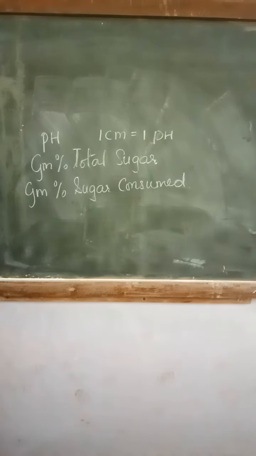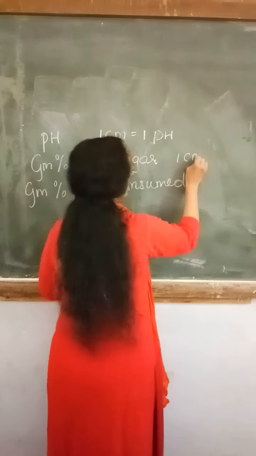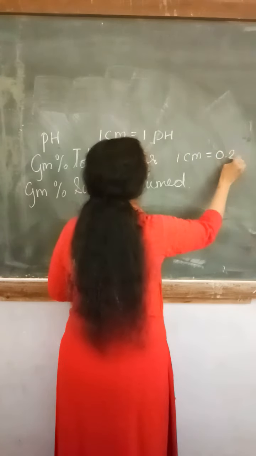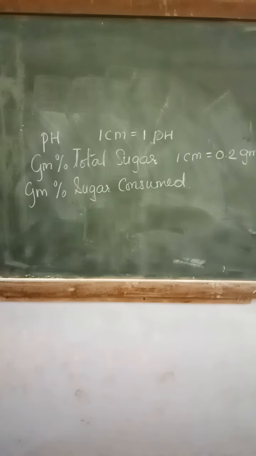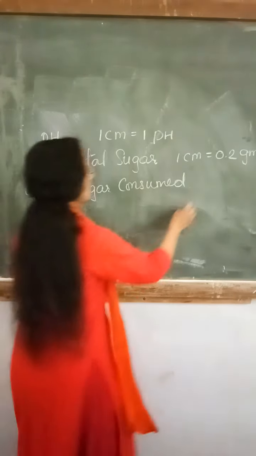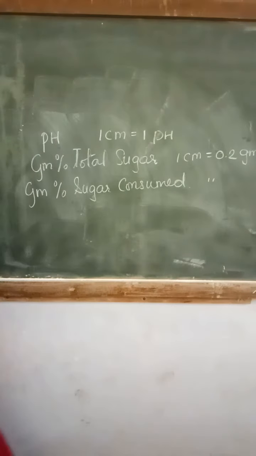For gram percent sugar also, one centimeter is equal to 1 to 2 gram. And for sugar consumed also in the same way. These 3 different parameters will all come on the y-axis.